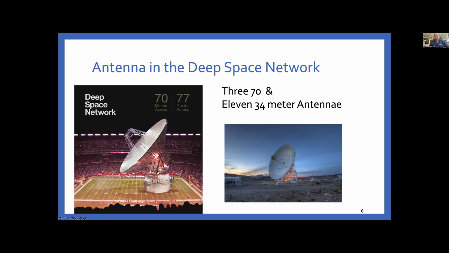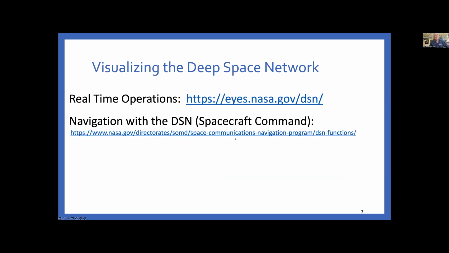So 70-meter dishes, you can see they're almost the size of a football field. We have a lot of 34-meter antenna. And I will attempt, now there's a couple of videos in here that kind of are DSN 101. And it looks like if I click on this, maybe they will jump into action. So here we go.